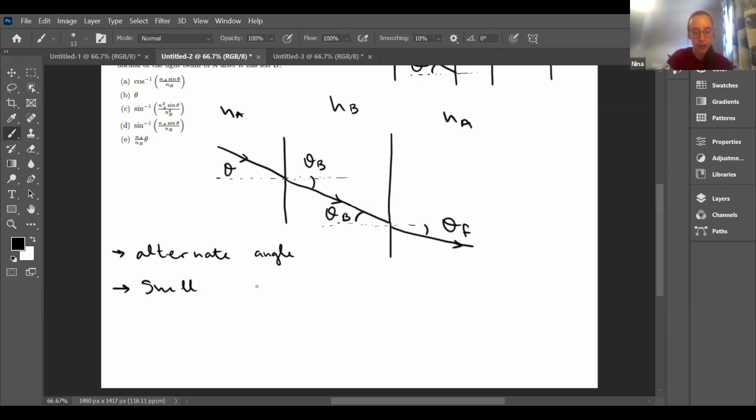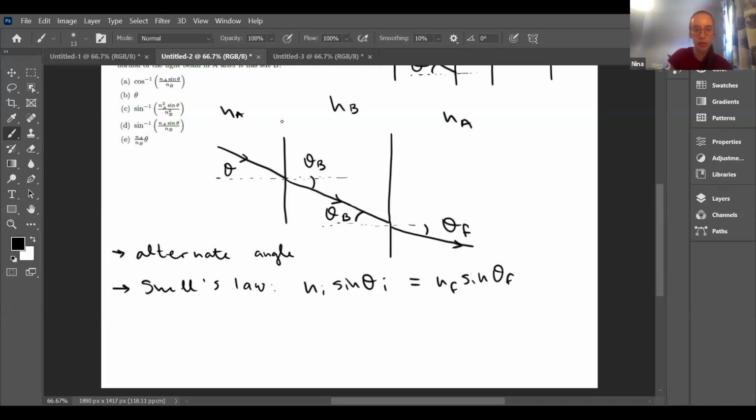And then the second important thing is Snell's law, which you'll be using a lot in any optics question. So Snell's law says that at any interface between media, the refractive index times the sine of the angle equals the refractive index times the sine of the refracted angle in the other medium.